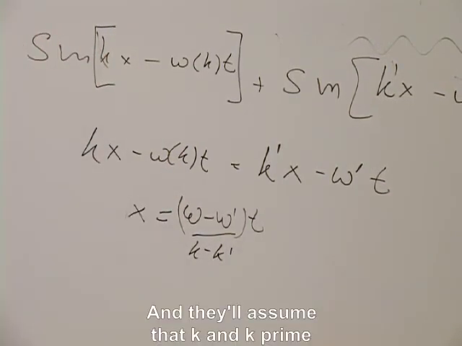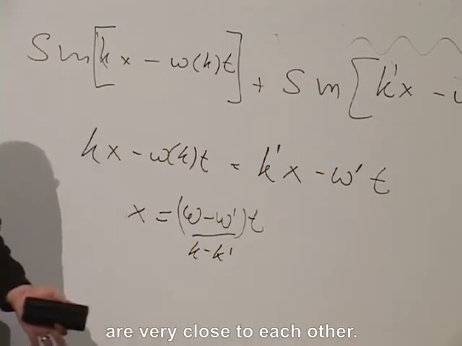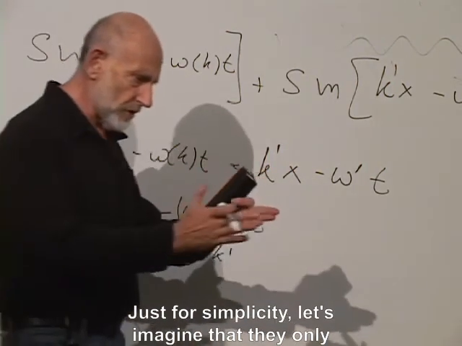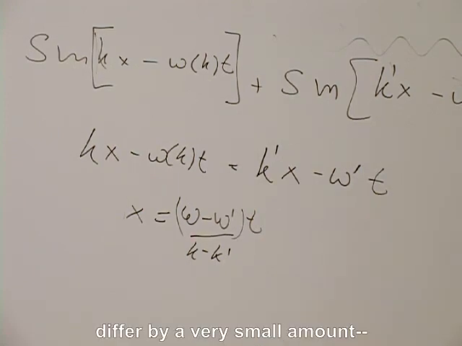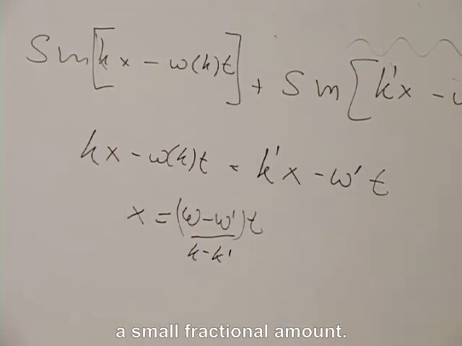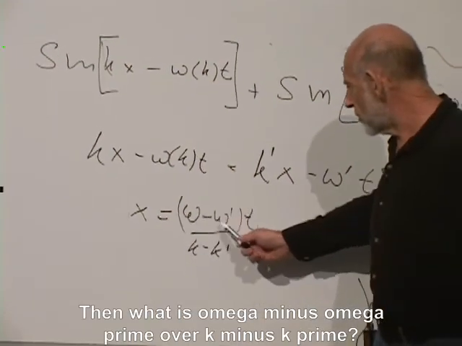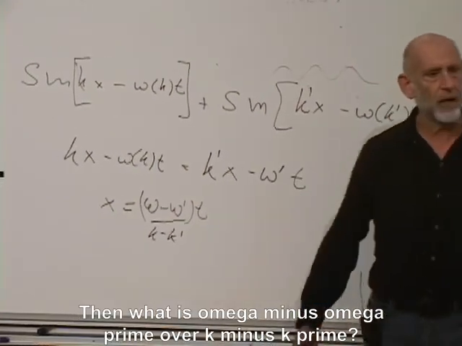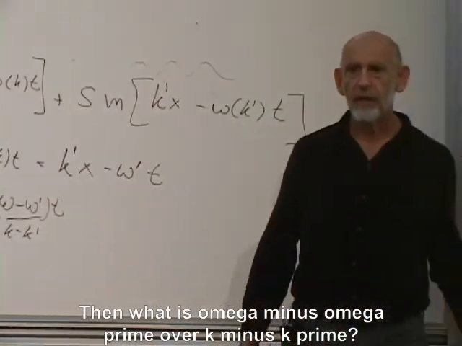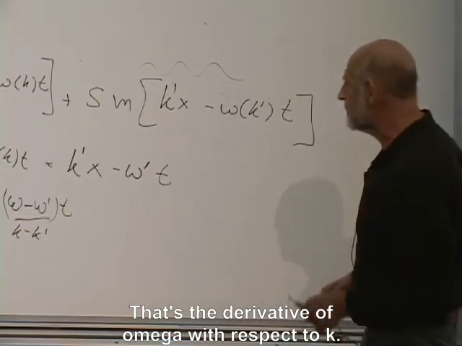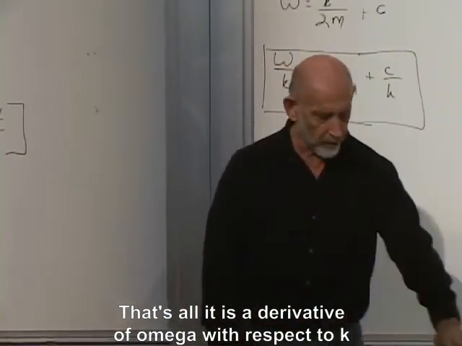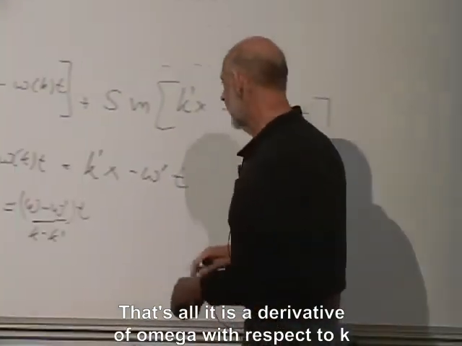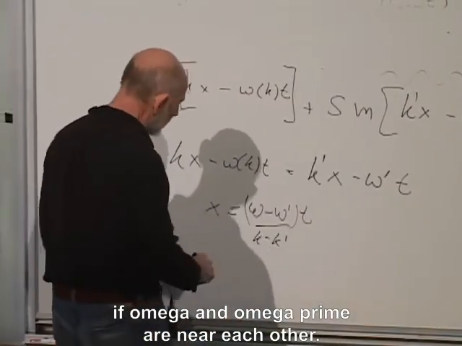Now assume that k and k prime are very close to each other, just for simplicity. Let's imagine that they differ only by a small fractional amount. Then what is omega minus omega prime over k minus k prime? It's the derivative of omega with respect to k, if omega and omega prime are near each other.